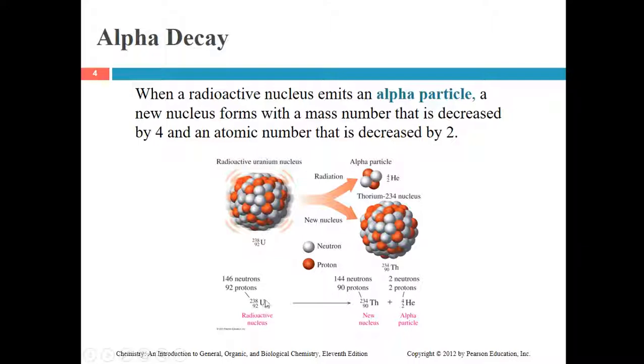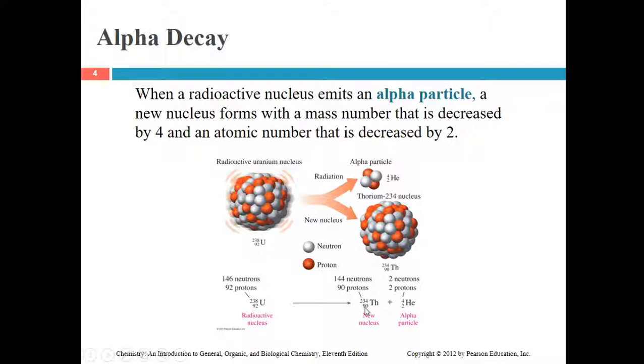Why? Because it's uranium. So on the right-hand side, on the product side, we have the alpha particle that was released, so that would be a 2 for the proton number and a 4 for the mass. So then we would know that 2 plus what number is going to be 92? Well, that would have to be 90.